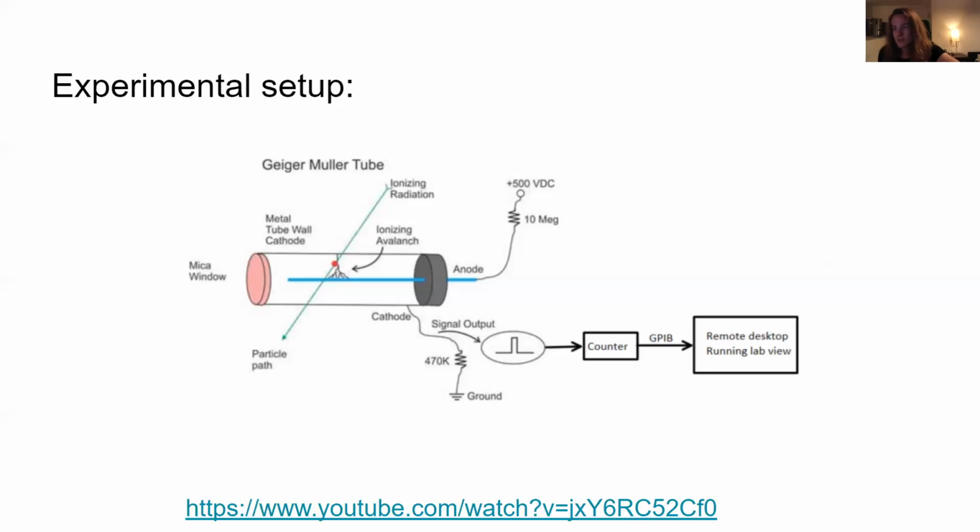So, what ends up happening when a radioactive particle is emitted from some source? It will travel through. If it has enough energy, that is, it will travel into the Geiger Muller tube, and it will enter this gaseous substance and actually cause an avalanching ionizing effect. This is called a Townsend avalanche, and you can find a lot of information about this on the internet, so I won't belabor the point.